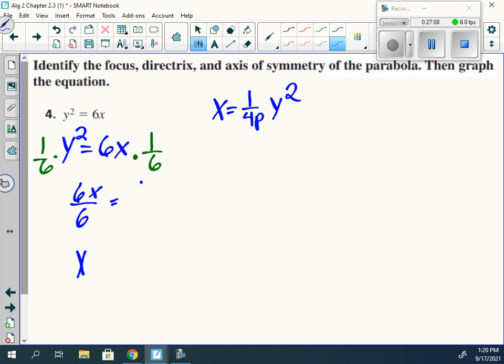On the other side, I'll have 1/6 y squared. Was multiplying by 1/6 the same as dividing by 6? Yeah. And when we're dealing with fractions, it's sometimes a little bit easier to multiply by their reciprocal, if we flip the fraction, than it is to just divide by the fraction itself.